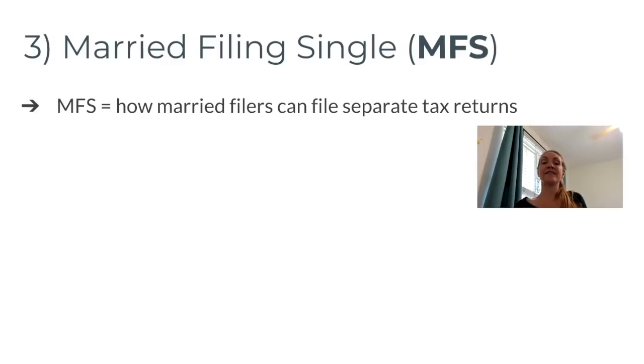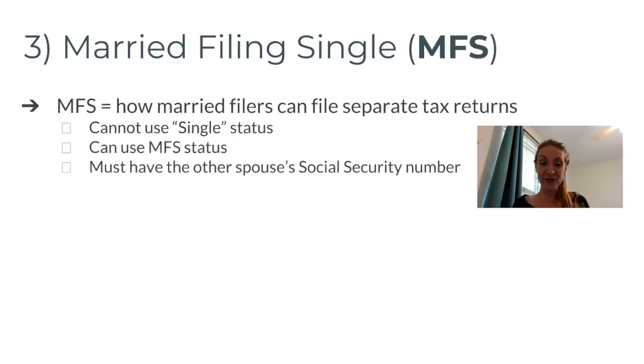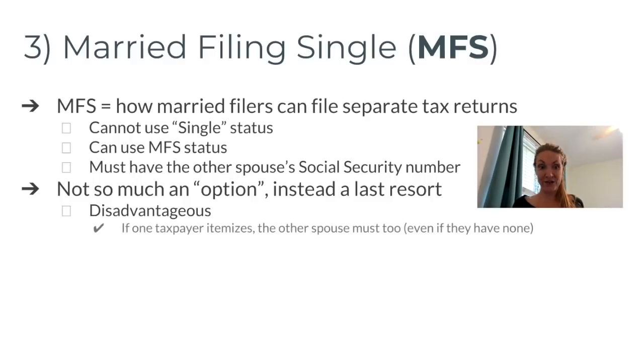MFS, married filing separate. So this is how married filers can file separate returns. They cannot file as single. They have to file MFS. Now, they can use this status, but they must have the other spouse's social security number. And this really isn't so much of an option as a last resort. It tends to be very disadvantageous.